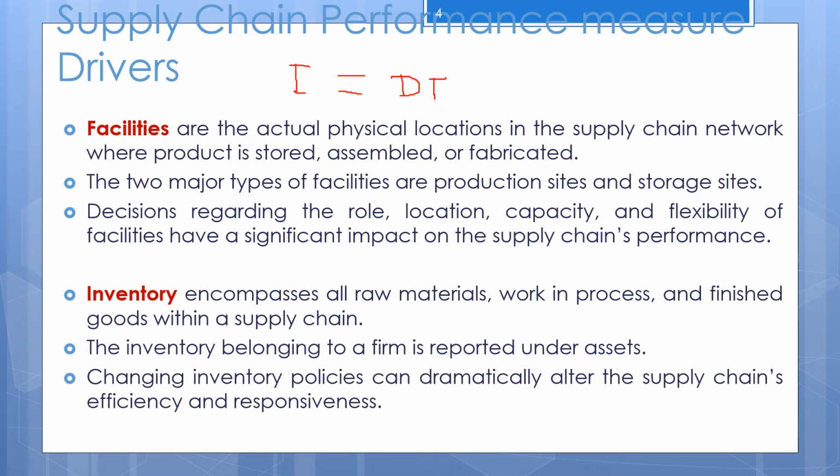cycle inventory. Cycle inventory is the average amount of inventory used to satisfy demand between receipts of supplier shipments. The size of cycle inventory is a result of production, transportation, or purchase of material in large lots.